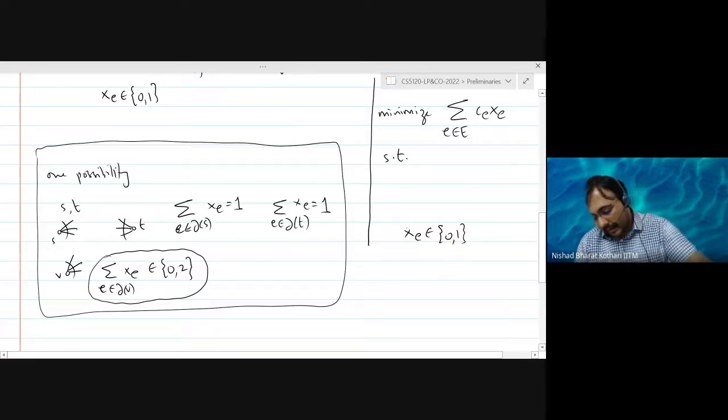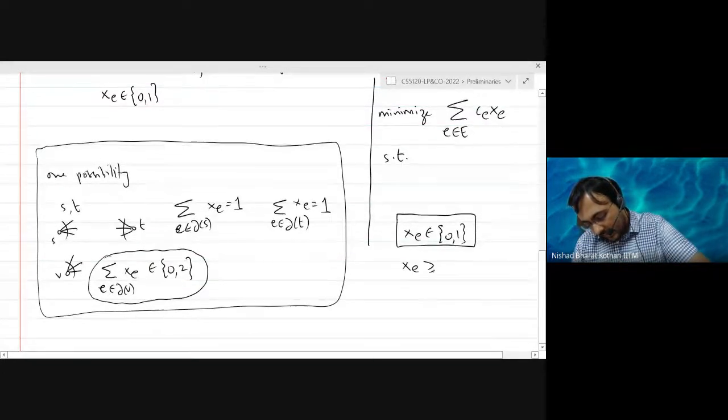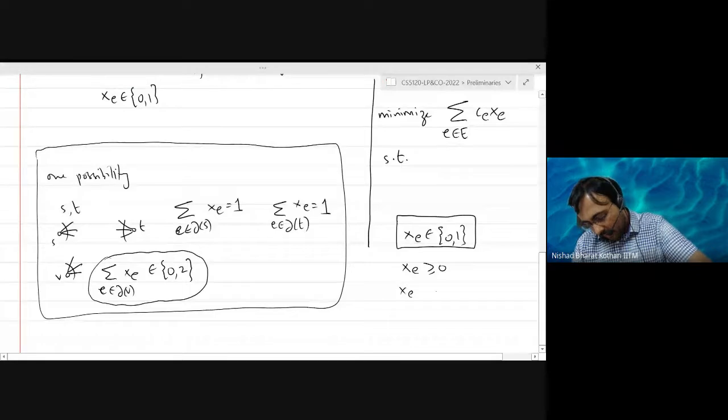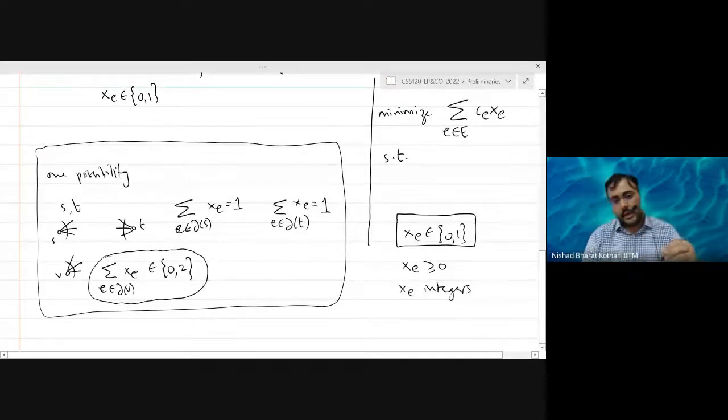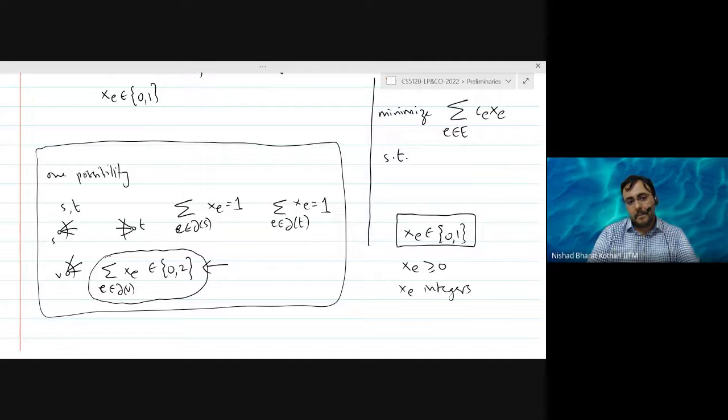We will relax this to make it at least 0 and make all of them integers, like we did in our minimum cost perfect matching problem. The problem is these constraints, because this is saying something more than just restricting the variables to be integers.